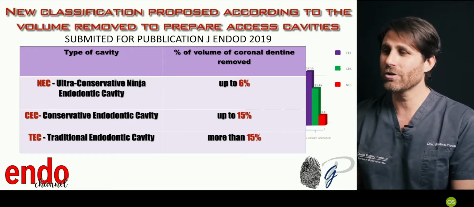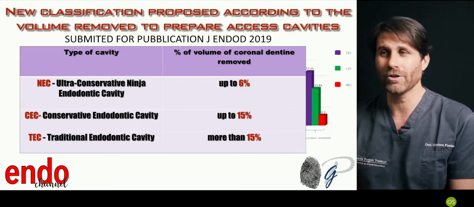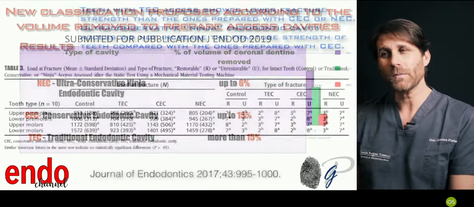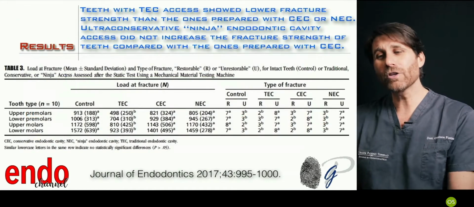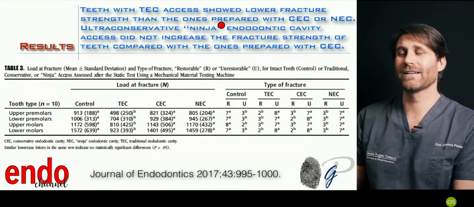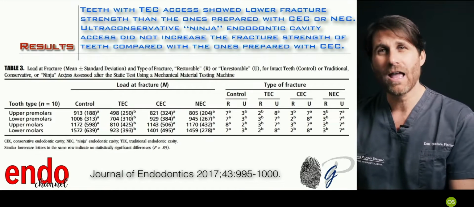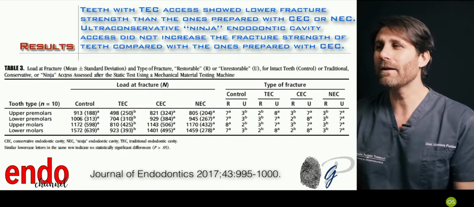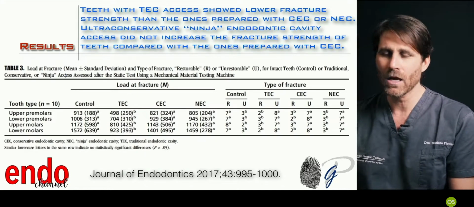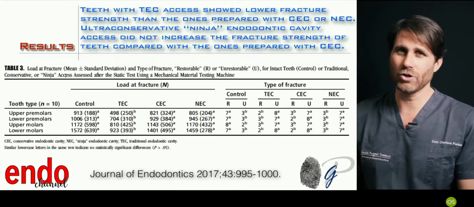The traditional endodontic cavity is when we remove more than 15% of the coronal tooth structure, measured in these studies submitted for publication. The results of our fracture study say that teeth with traditional access cavities, larger access, showed lower fracture strength after restoration than teeth prepared with conservative or ultra-conservative access cavities. So today the message is clear: stay conservative, no more traditional.